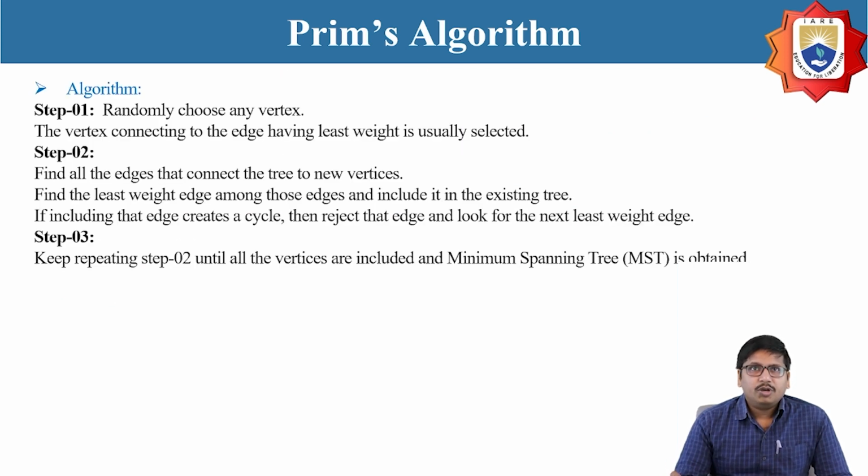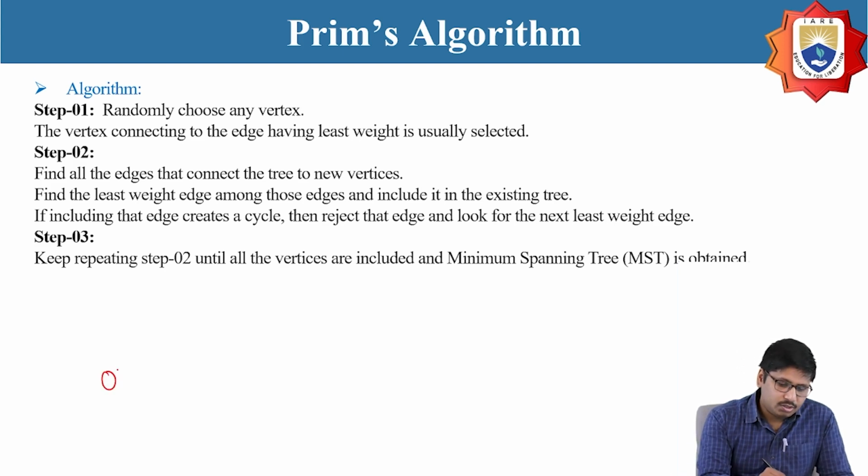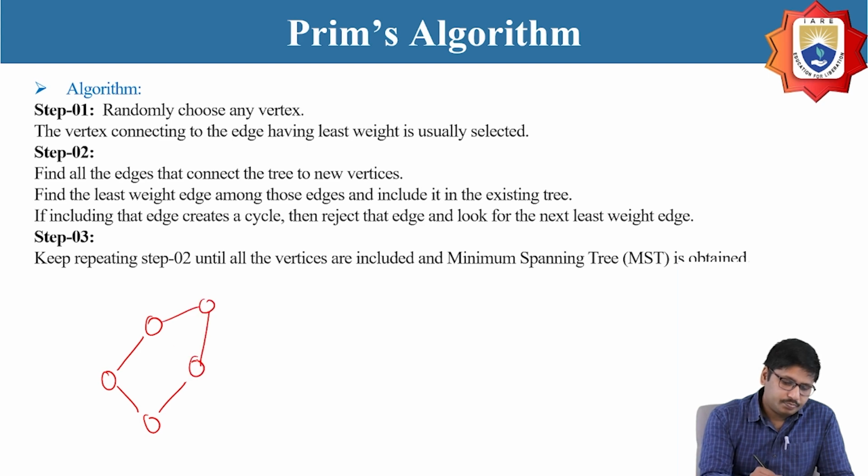Here I'm going to explain the algorithm. Initially choose a random vertex. This is the graph I'm going to consider here.